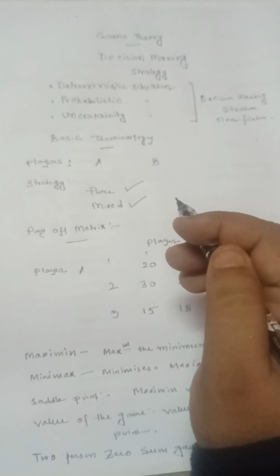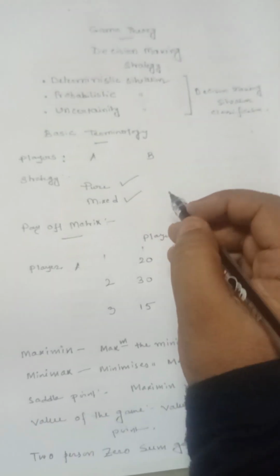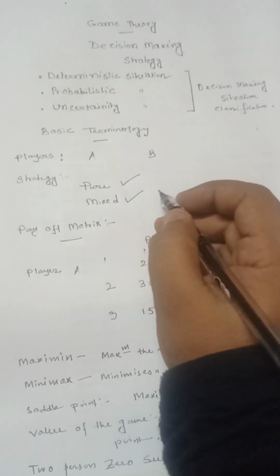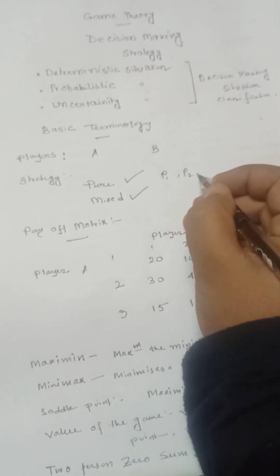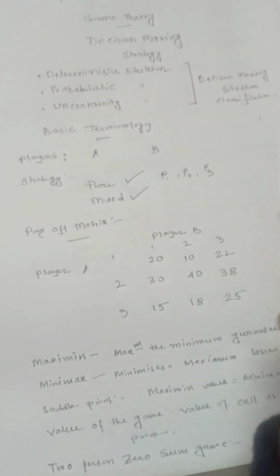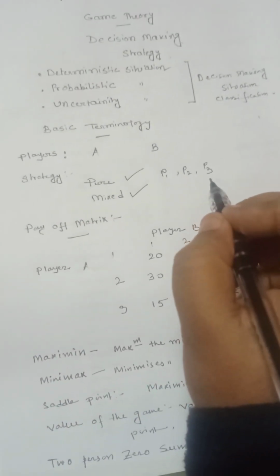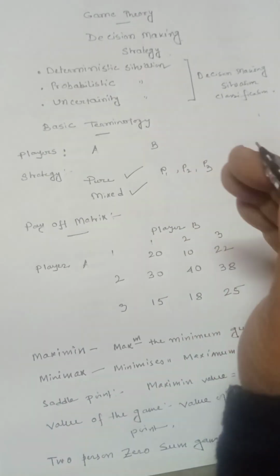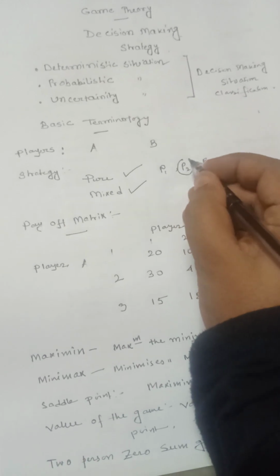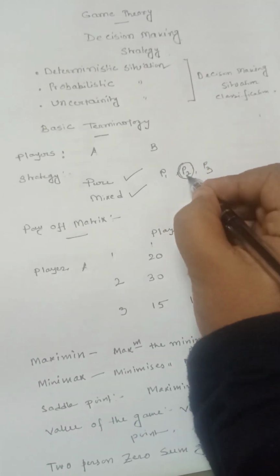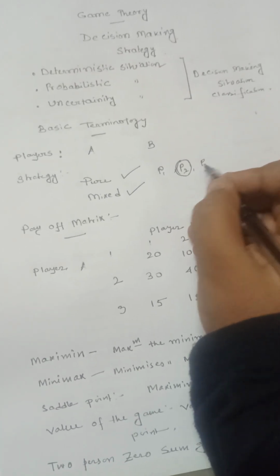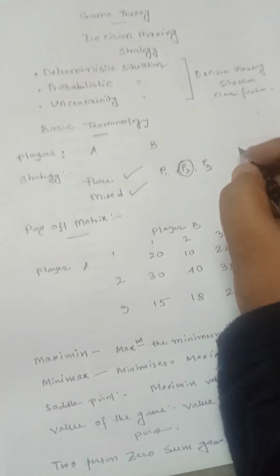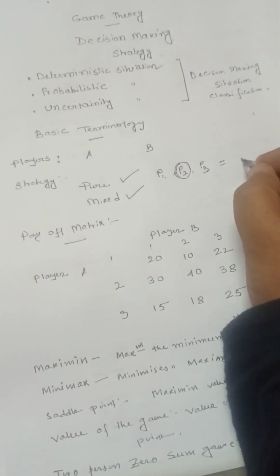And what is pure strategy? Suppose in the pure strategy there may be three different probabilities, say for example P1, P2 and P3. The company or a person or a player may choose only a single one among these three probabilities. Always keep in mind that the sum of these three probabilities must always be 1.